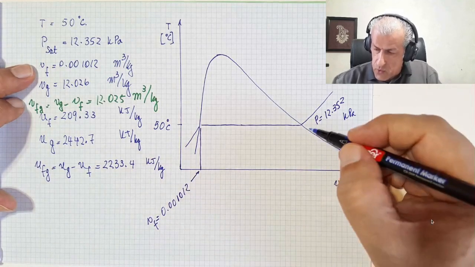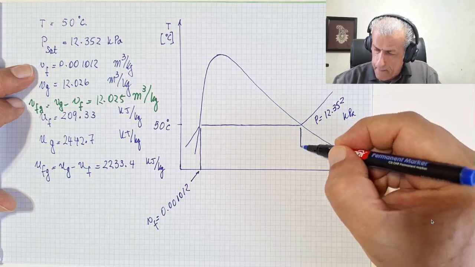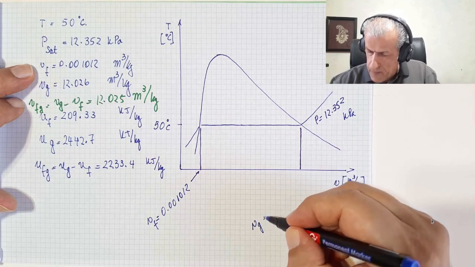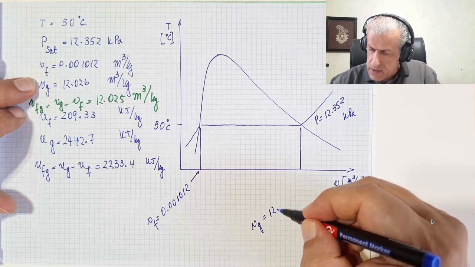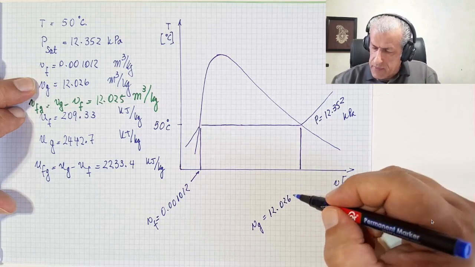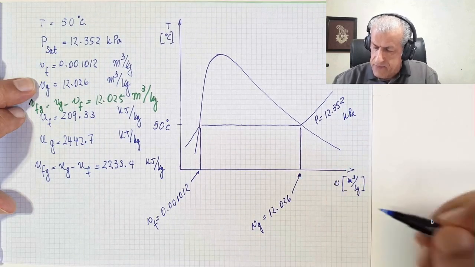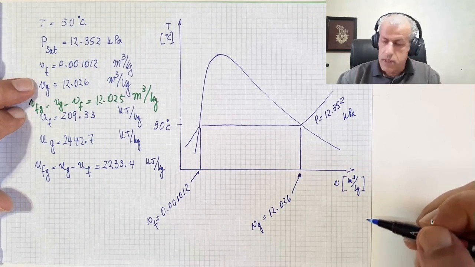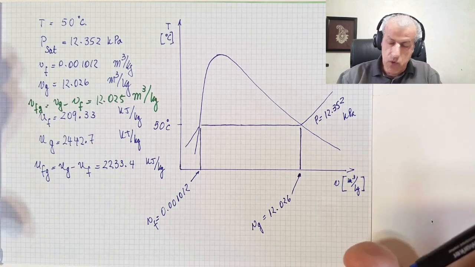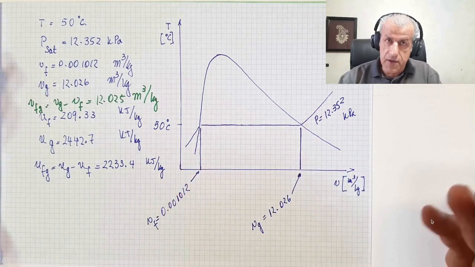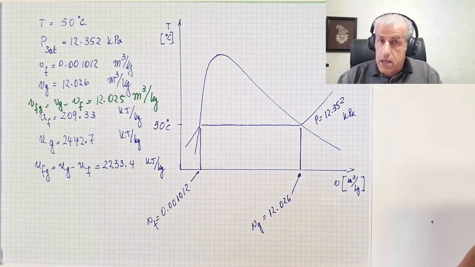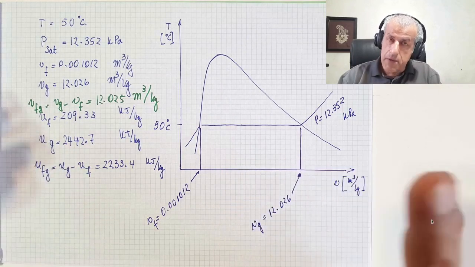And we also know that for this point, Vg equals 12.026, and they are all cubic meters per kilogram, as it is written here. So these are water properties, nothing to do with our problem. We know that our problem is on 50 degrees C, but these values are water properties, irrelevant to this problem or any other problem.